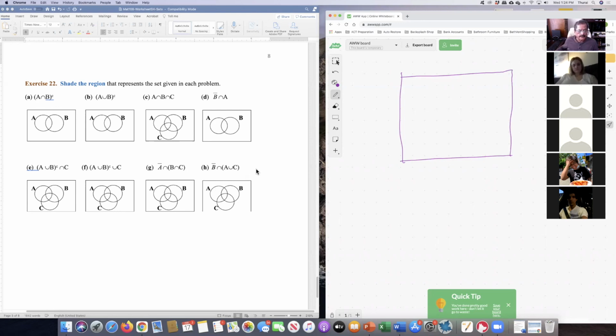Two circles of A and C shaded together. A and C shaded together will be A union C, right? But we need to find B bar intersection A union C. Okay, so let me get there.